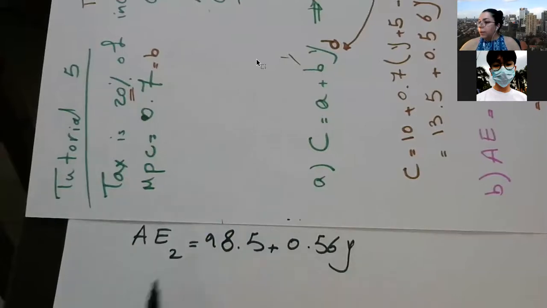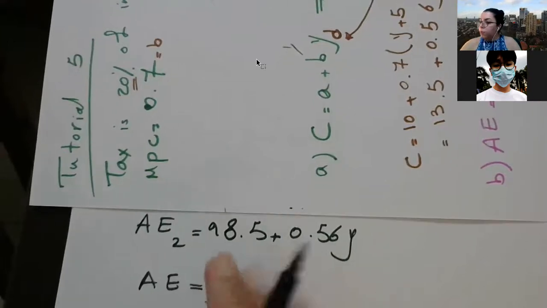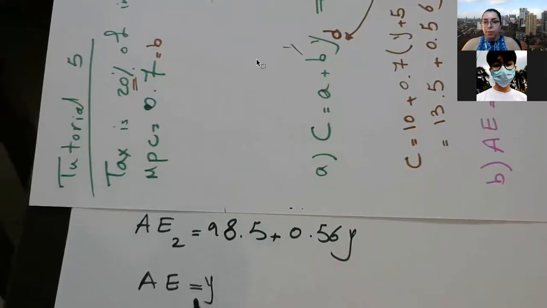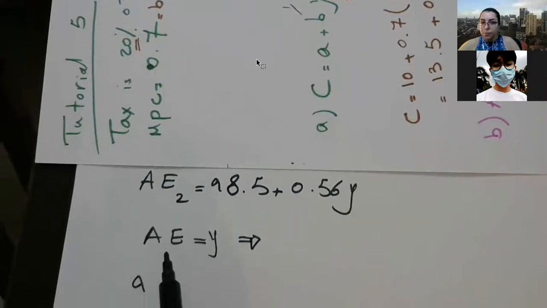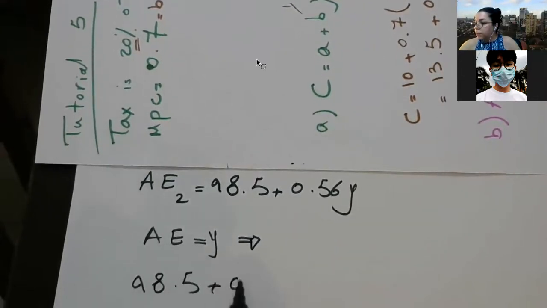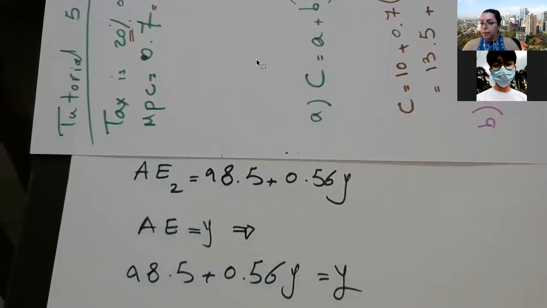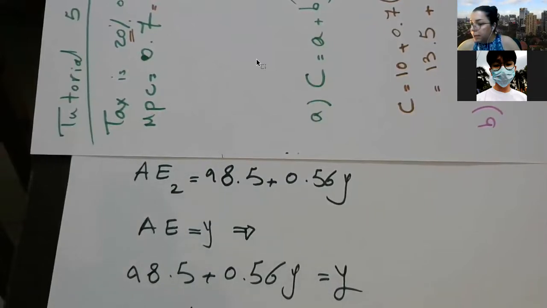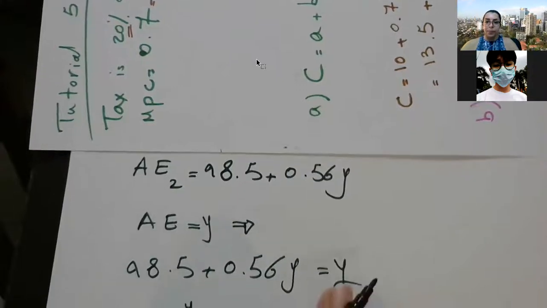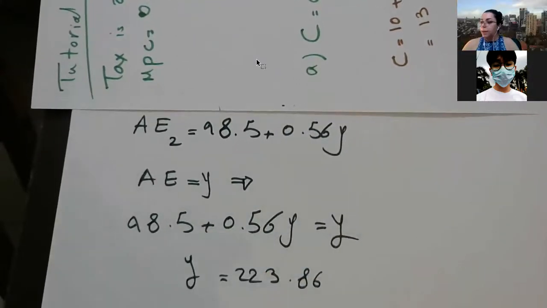The first way is that the calculation of GDP is always AE is equal to Y. So we put 98.5 plus 0.56y is equal to Y. This is the first way. And the answer should be, if I'm not mistaken, Y equals 223.86.